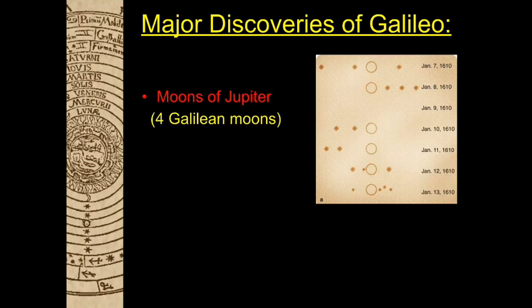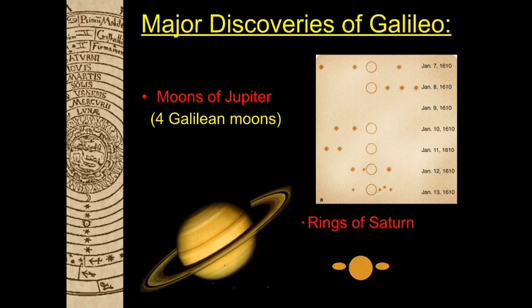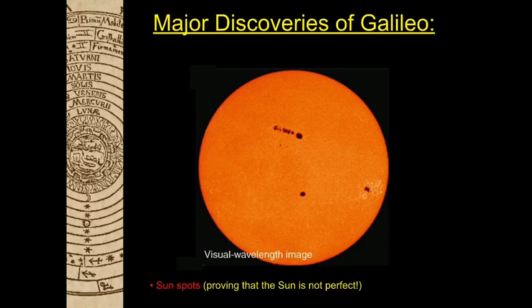So one of his major discoveries is that he discovers the 4 moons of Jupiter. And these moons are referred to as Galilean moons. He also is able to observe the ring of Saturn. He was also able to observe sunspots on the sun by using his telescope.